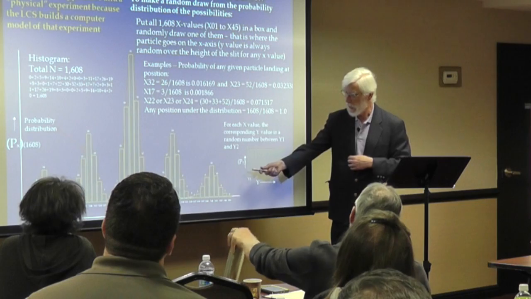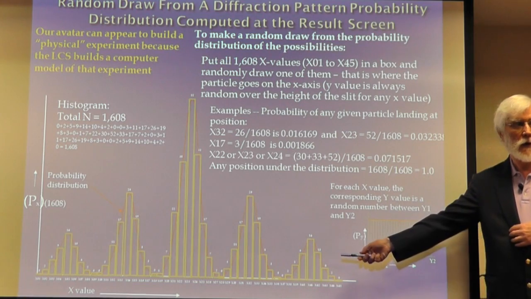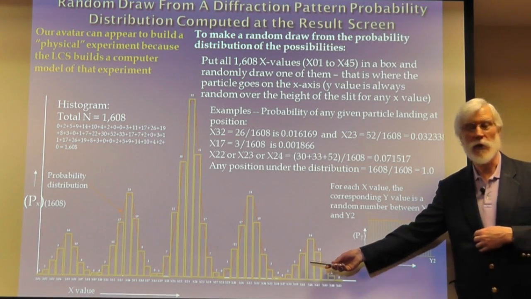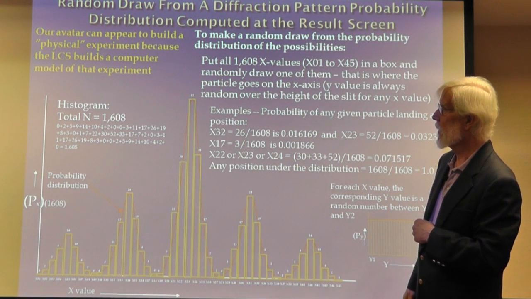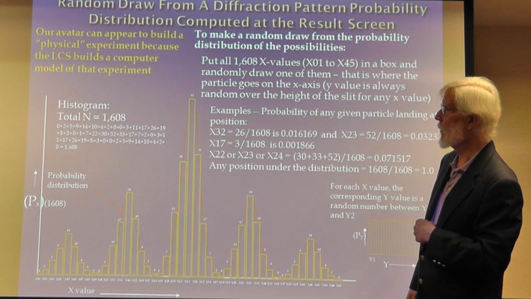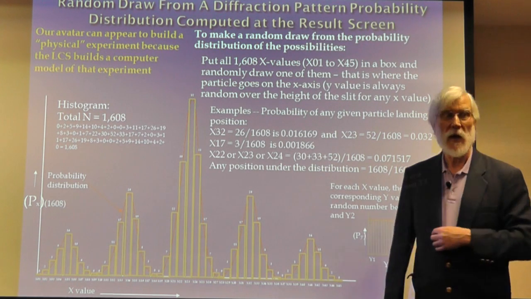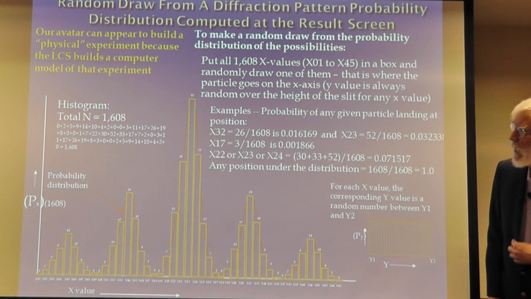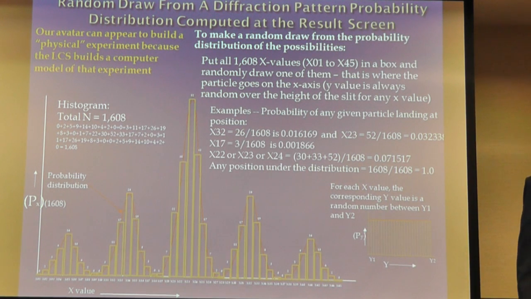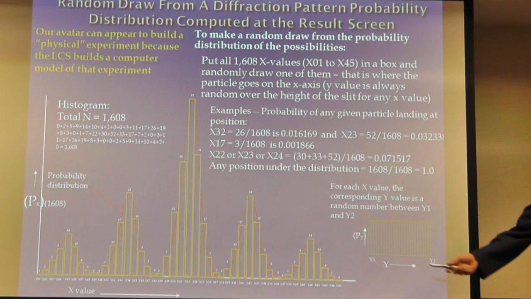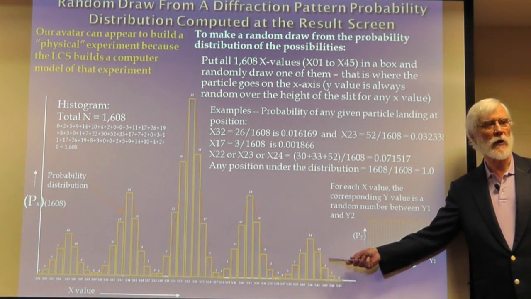Take each one of these bars and divide it into 100. If every bar was really 100 little bars, then you'd have 100 times that, which would be 2 more zeros, 168,800 runs to do that. And then every one of these bars would have 100 smaller ones in it.